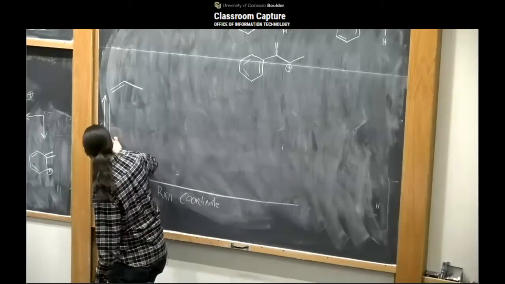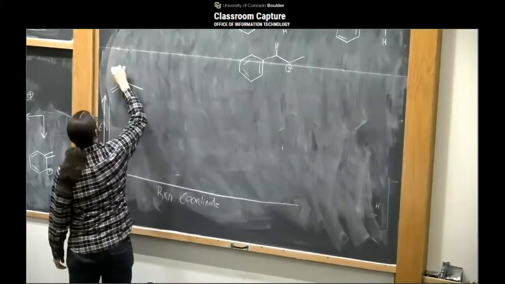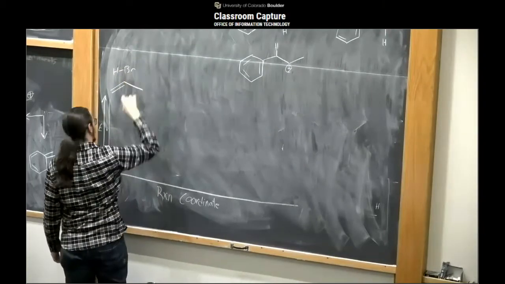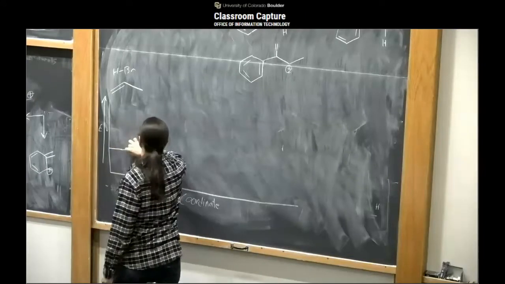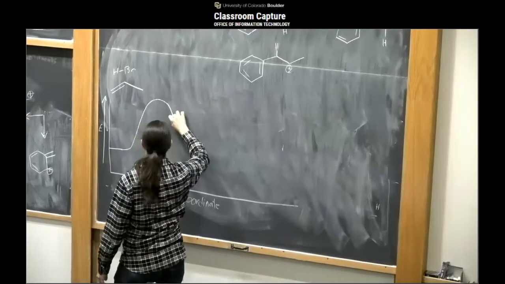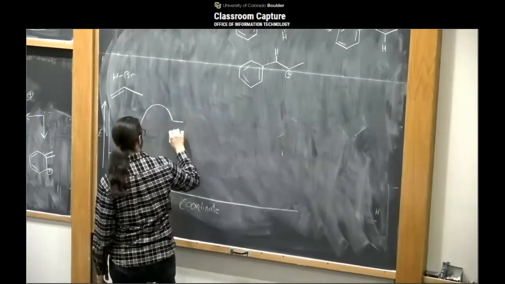So starting from the starting materials, we have an activation energy to get to our first intermediate, which we know is the carbocation.